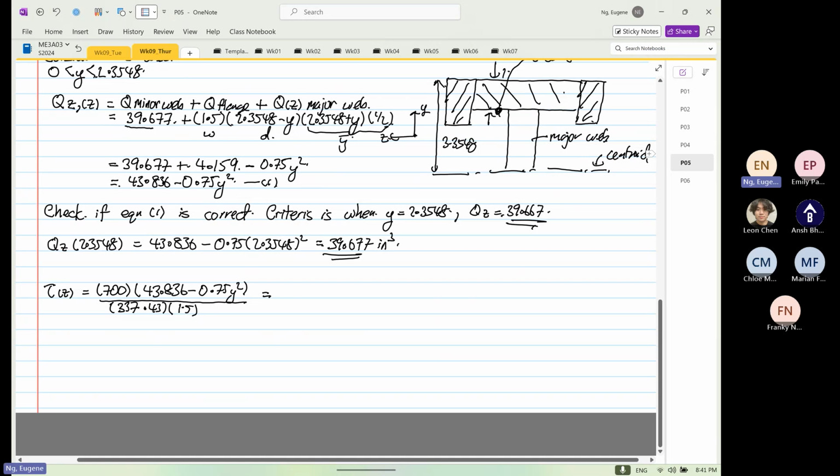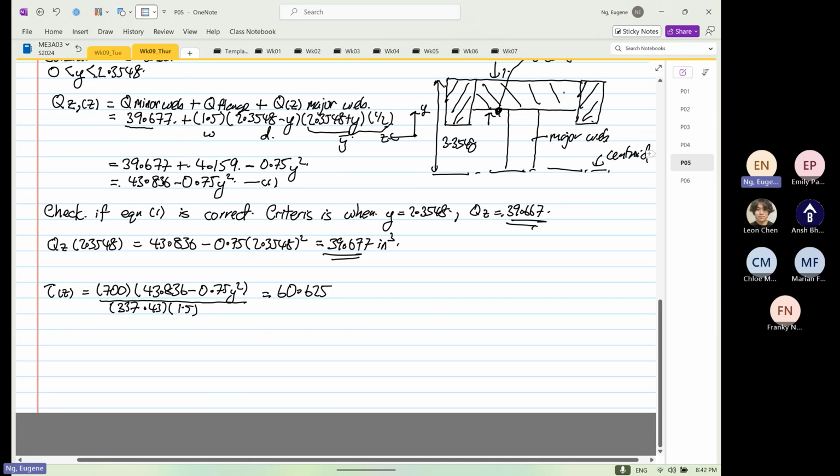So this will be equal to 43.837 times 700 divided by 337.43 divided by 1.5, which is equal to 60.625.